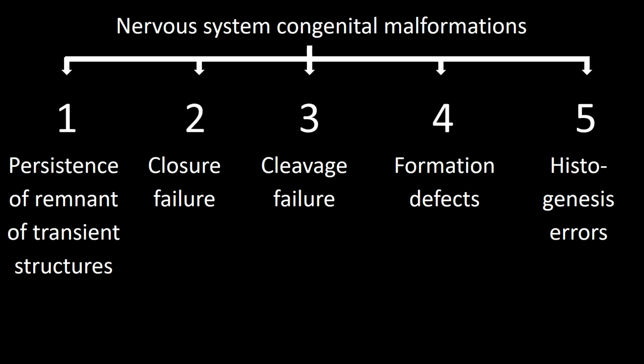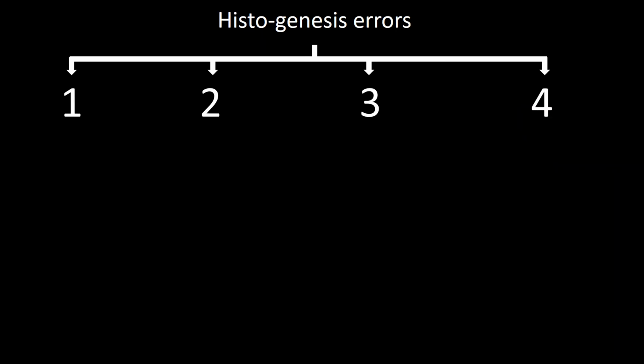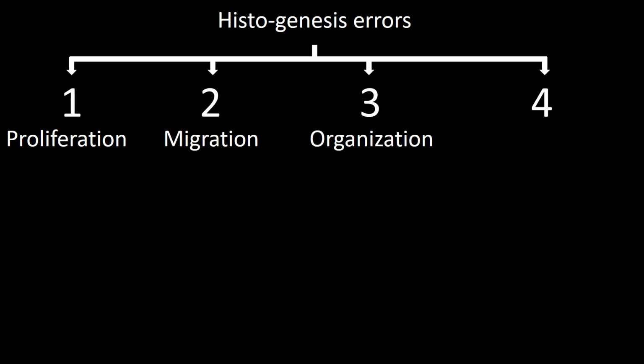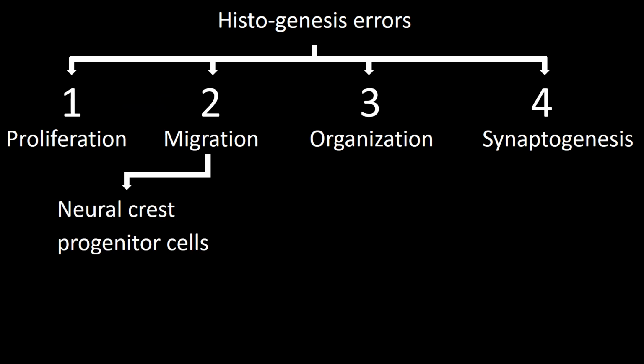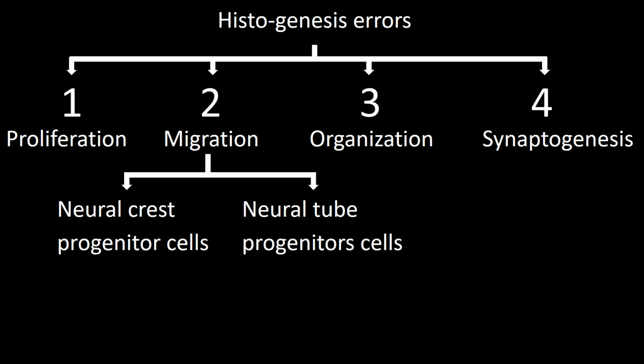The fifth major type of nervous system congenital malformations is histogenesis error. Histogenesis errors can be partitioned in four types: errors in proliferation, which can lead to microcephaly and macrocephaly; migrational errors, errors of organization, and errors in synaptogenesis. Now, I want to call your attention to migrational errors. They can be divided into those that involve the neural crest progenitor cells and those that involve the neural tube progenitor cells.